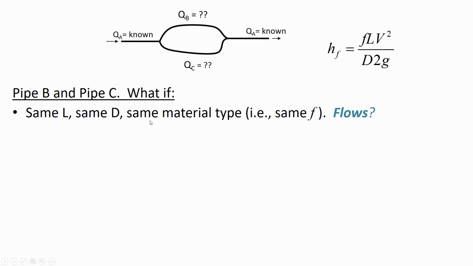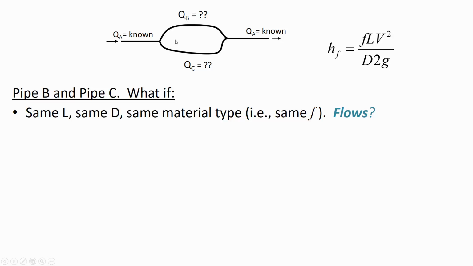So here's an application of that. Let's say, for instance, that of these two pipes, pipe B and C, what if they have the same length and the same pipe diameter and they're made out of the same pipe material? So how would the flow through B compare to the flow through C?